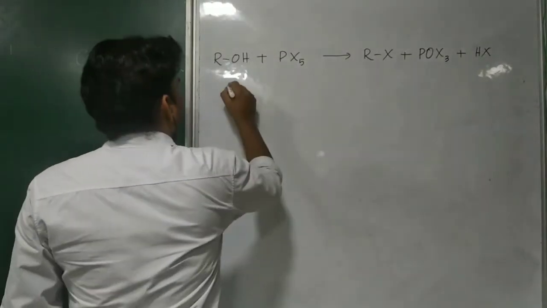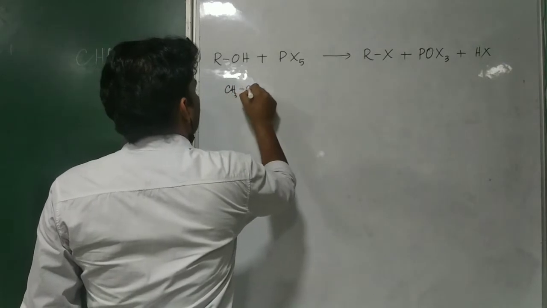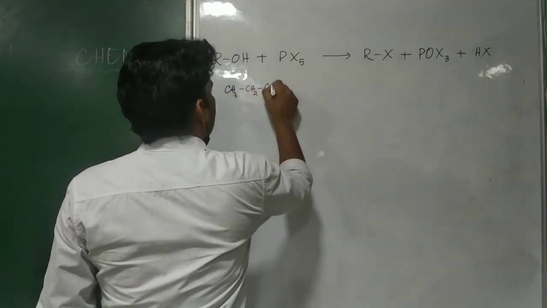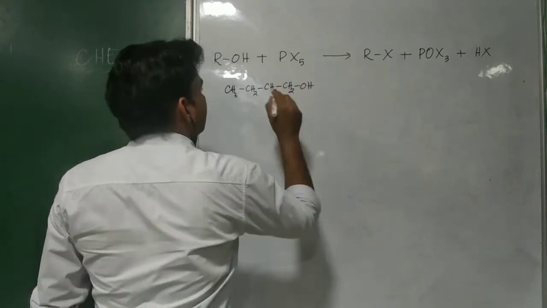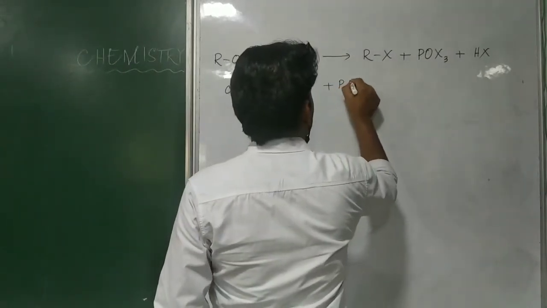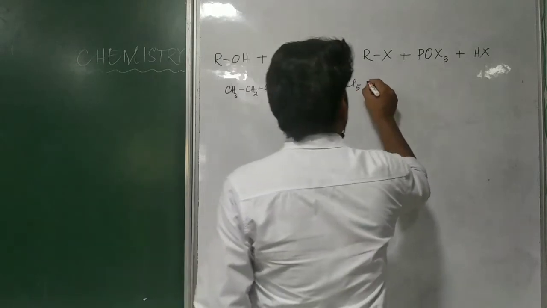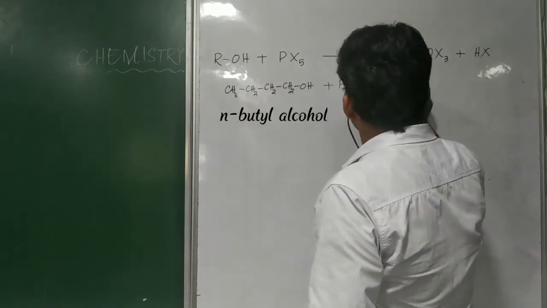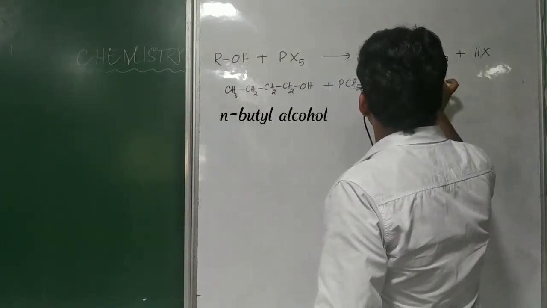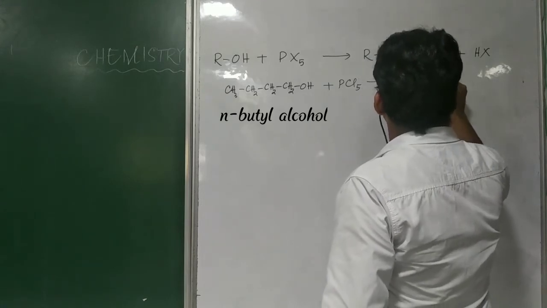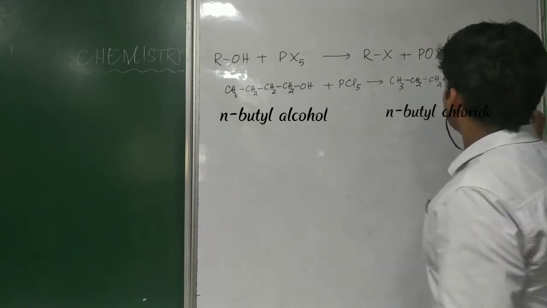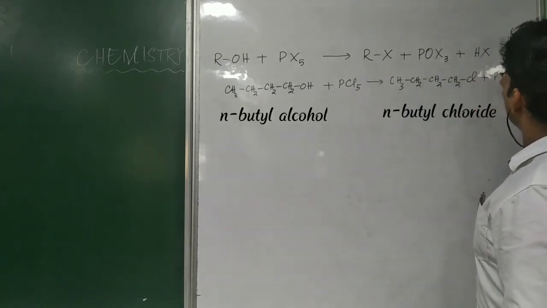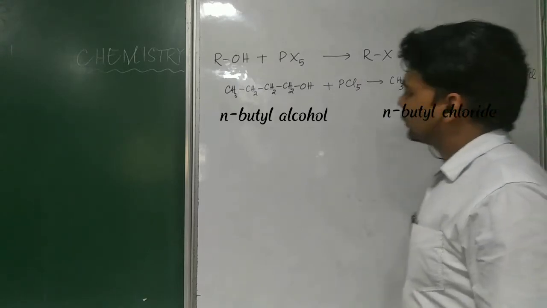For example, when n-butyl alcohol is treated with phosphorus pentachloride, we will get the corresponding alkyl chloride, CH3CH2CH2CH2Cl, plus phosphoryl chloride and HCl.